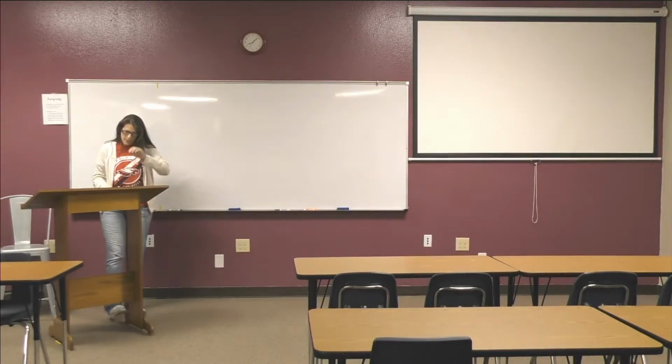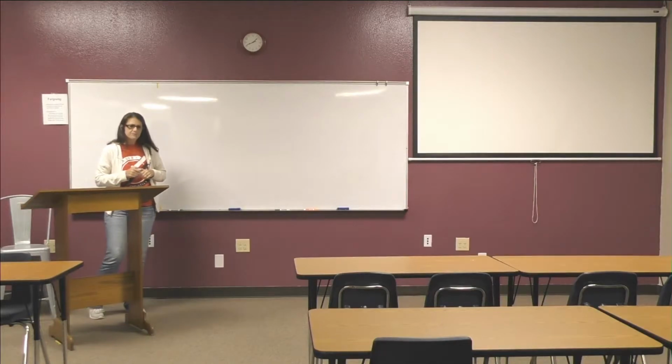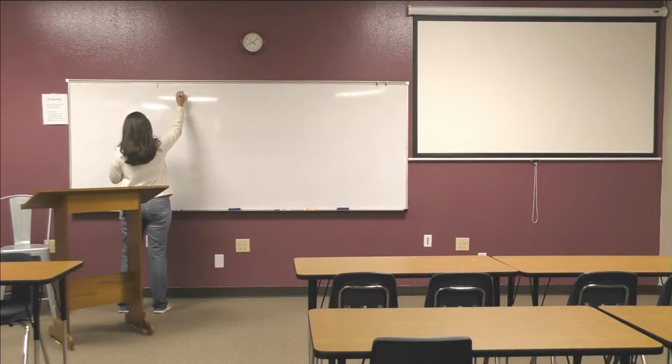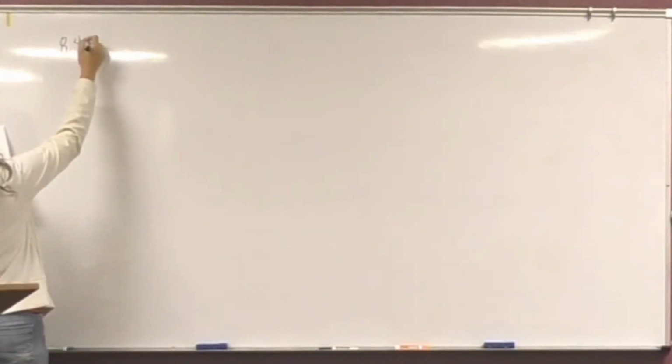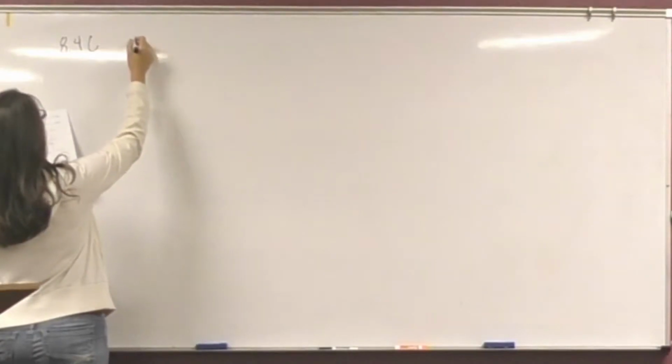So we are picking up on number 16. We're going to continue the exact same way that we did yesterday. The assignment, we may end up having to tweak it a little bit, but on your lesson plan sheet, it's going to be 8.4C.